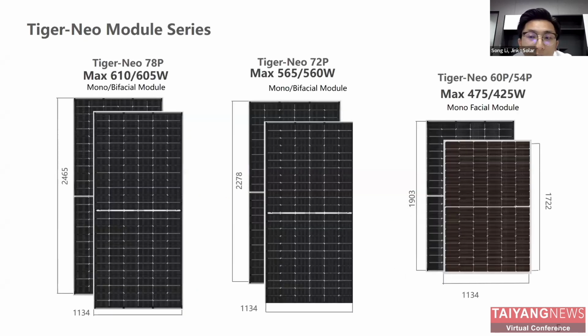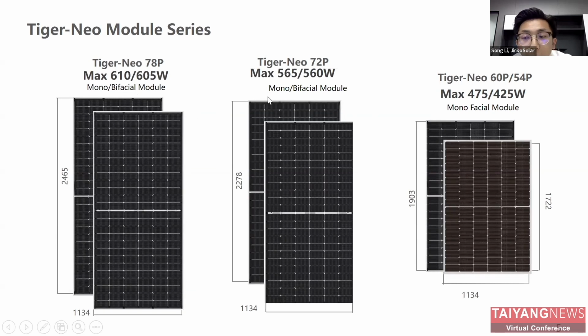Based on this technology, we have launched 3 versions of the product: 78 pieces and 72 pieces, and also the 60 and 54 pieces modules. For the 78 and 72, we have both mono and bifacial modules, but the current mainstream selection is these 2.